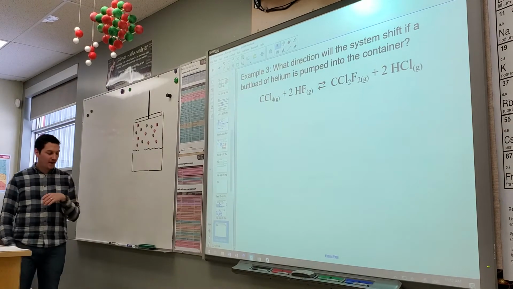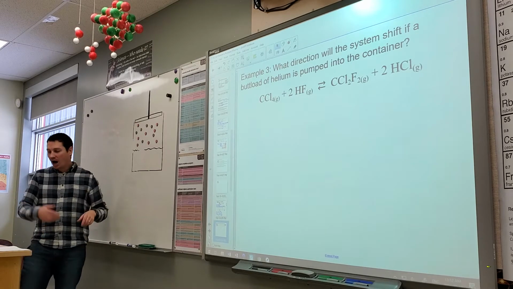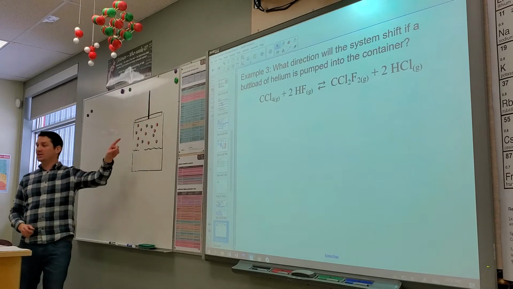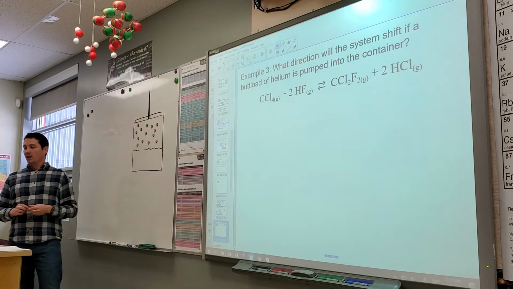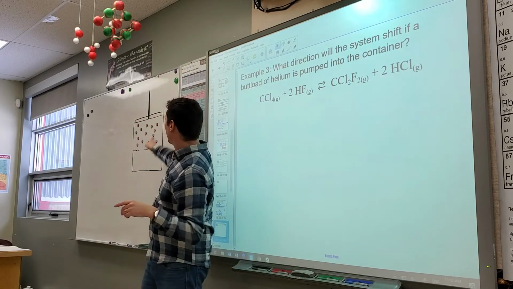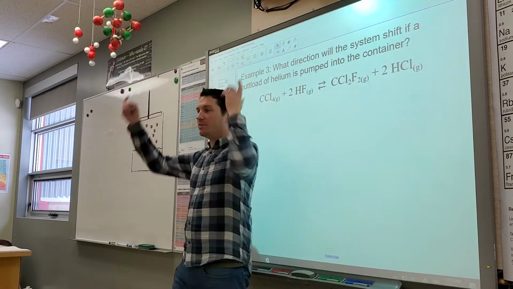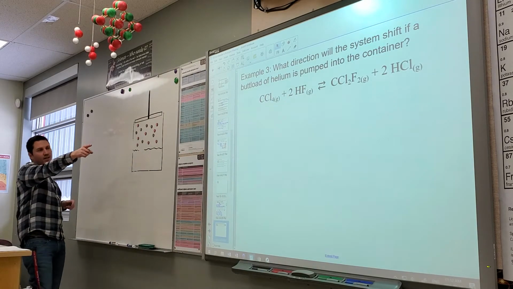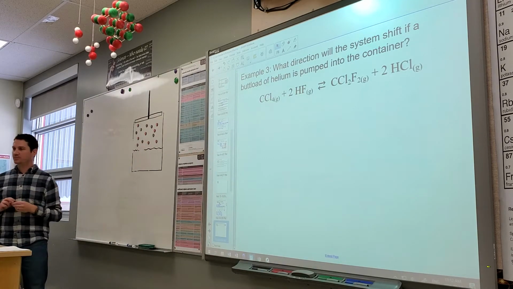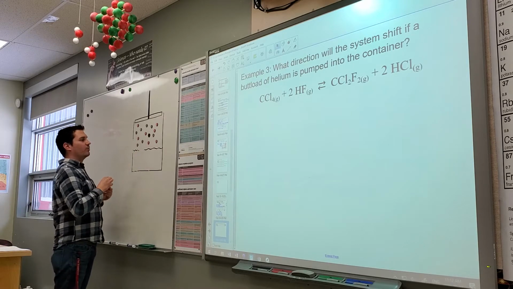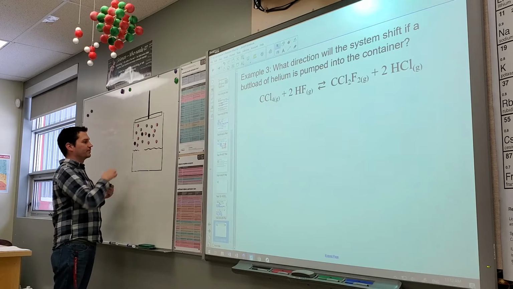Now, if I pump a bunch of helium into here, I've got the reactants, maybe they're red. The products, maybe they're blue. It doesn't matter. Do you see helium anywhere in that reaction? No. Okay, I'm going to put a buttload of helium in here.